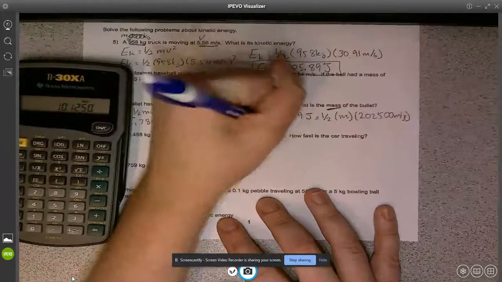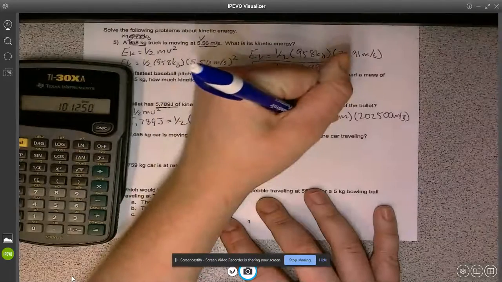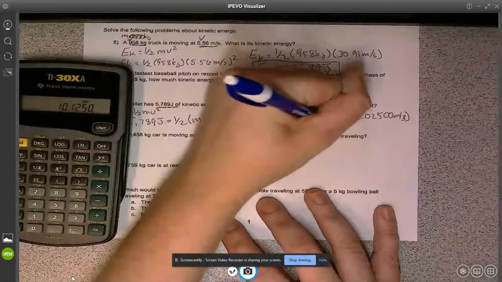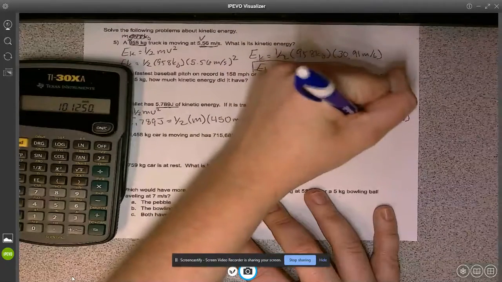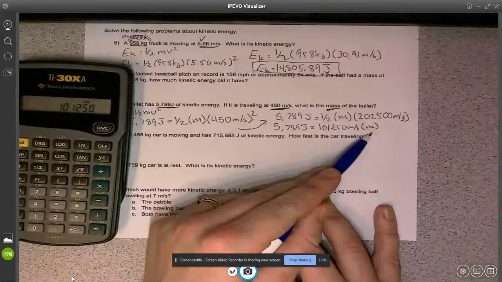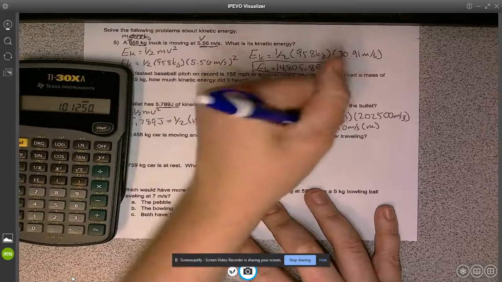So 5,789 joules is equal to 101,250 meters for every second times my mass. And then I just have to get that out of there. So what I'm going to do is just divide that out.